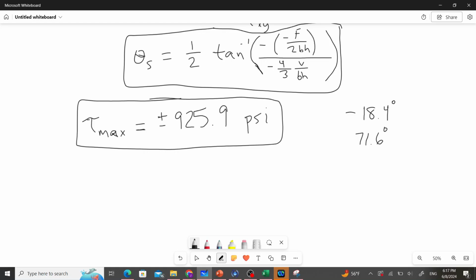You're going to end up getting that tau x prime y prime at theta equals 71.6 is equal to positive 925.9.